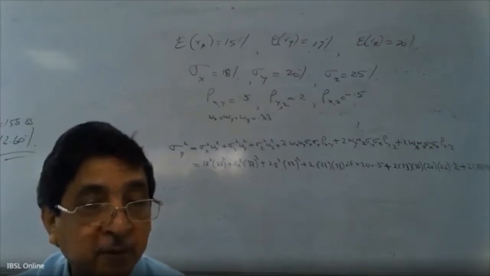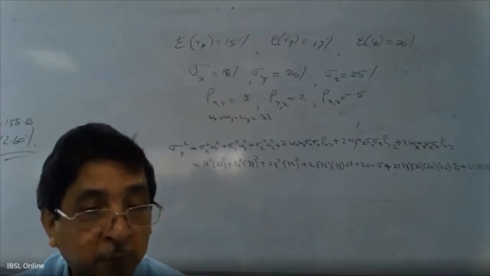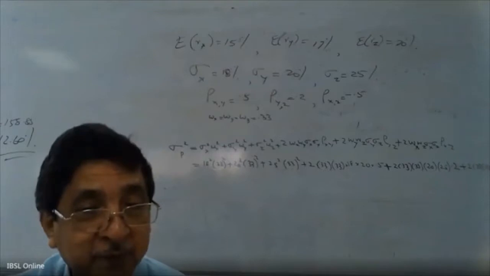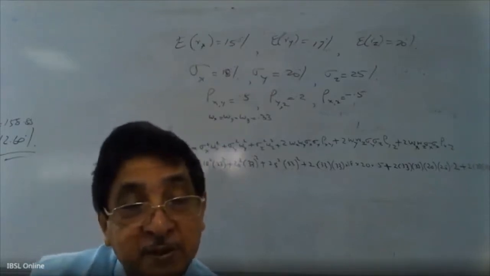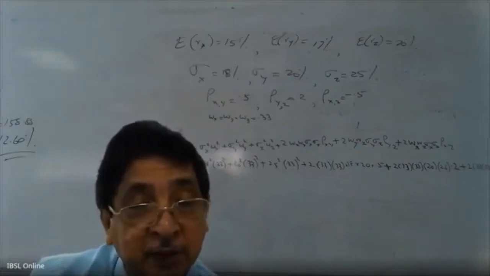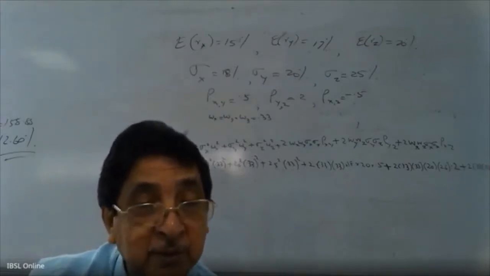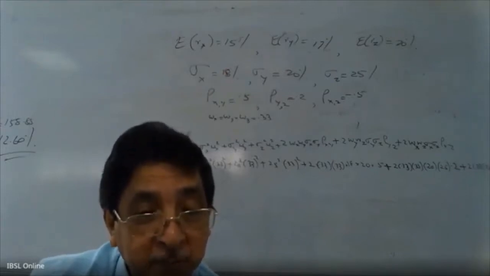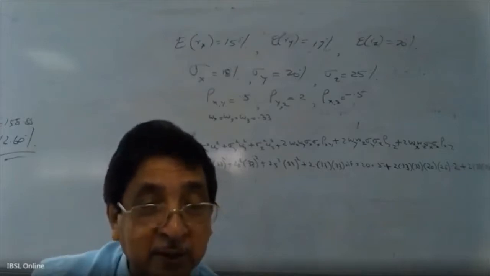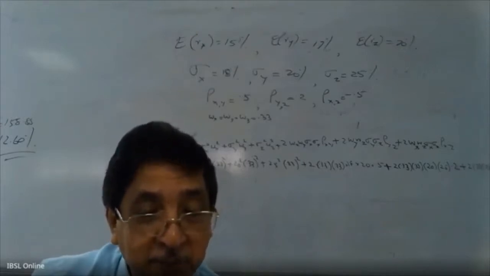Sigma p squared is equal to wx squared sigma x squared plus wy squared sigma y squared plus wz squared sigma z squared. Now, these are the three quadratic type of terms. Then you get 2 wx wy sigma x sigma y rho xy. So that is the first term, that type of a term.